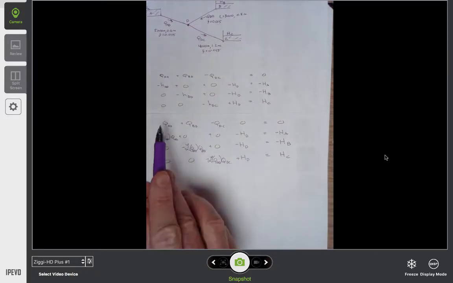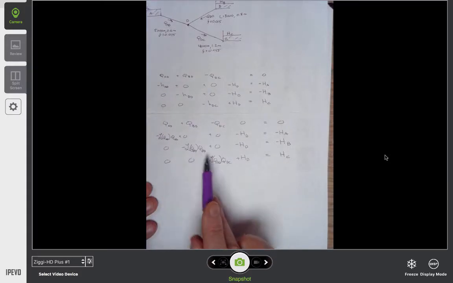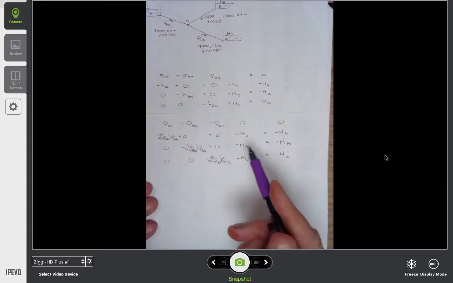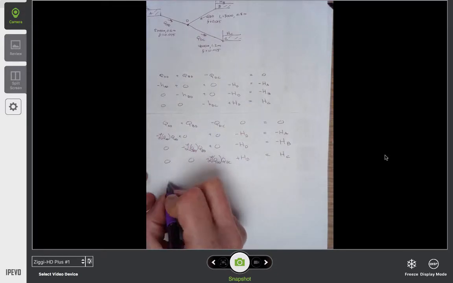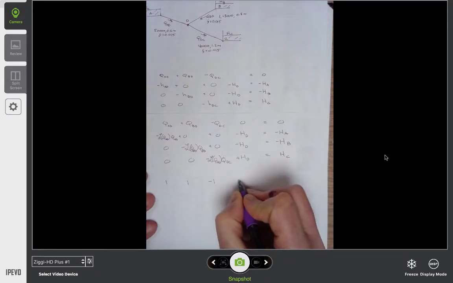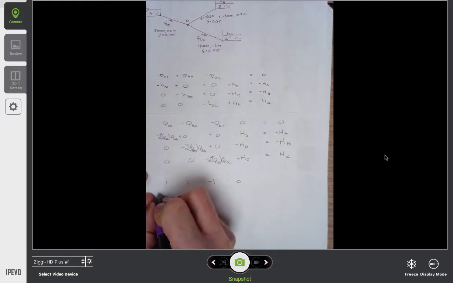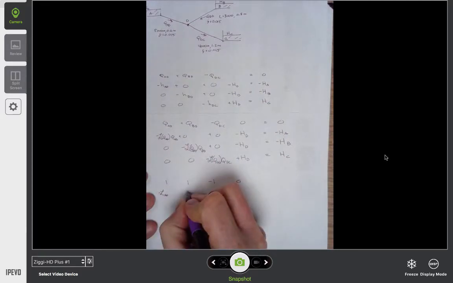Well, I notice here I have a QAD, QBD, QDC, same in these equations. I can factor those out. I also can factor out the HD, and my system looks like this. I have 1, 1, minus 1, 0, minus L. Let me drop the QAD. I'm just going to call it AD.